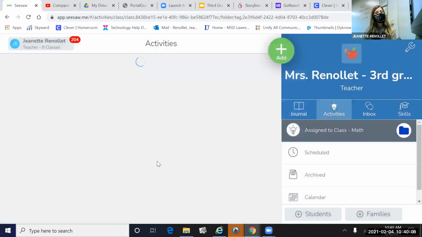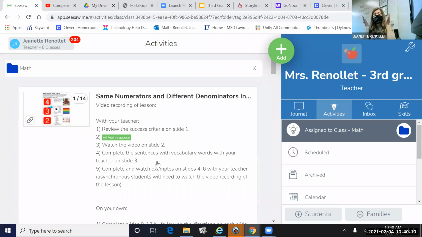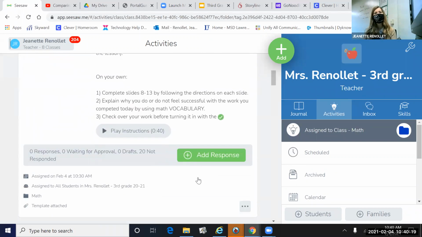And today is our first day where we get to do same numerators, different denominators. Here's our task. Please open it up with me.